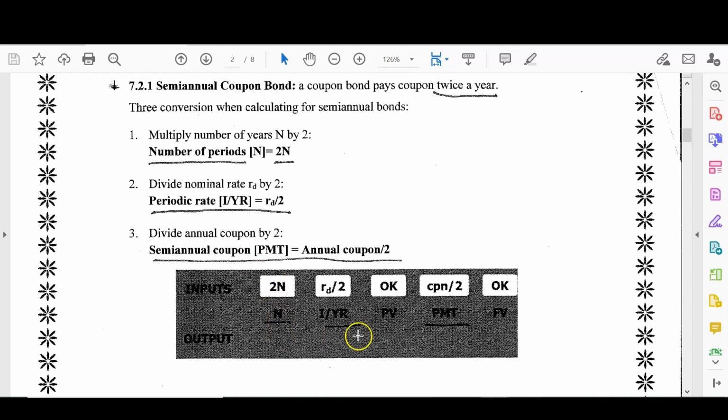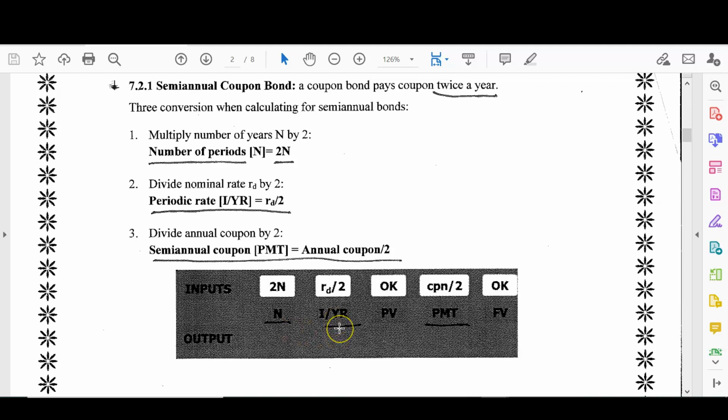So N, I, and payment are the 3 things we need to change compared to how we work with an annual bond. For N, instead of inputting number of years, we input number of years multiplied by 2 for a semi-annual bond.